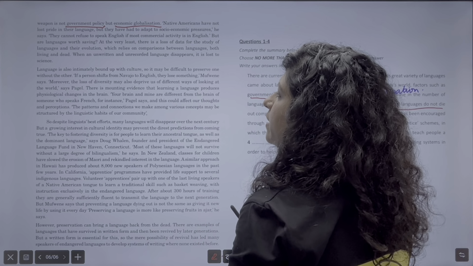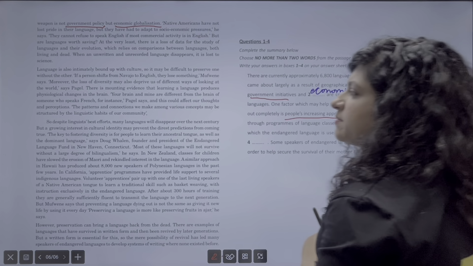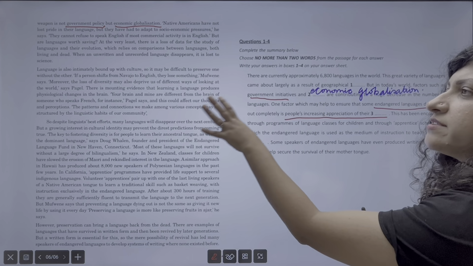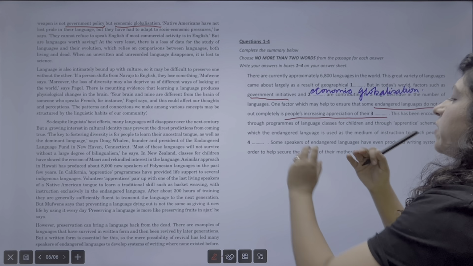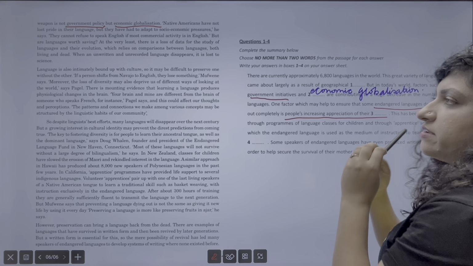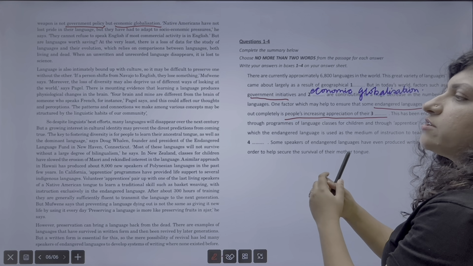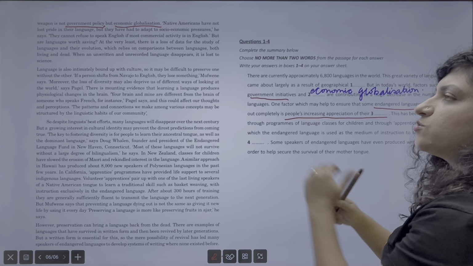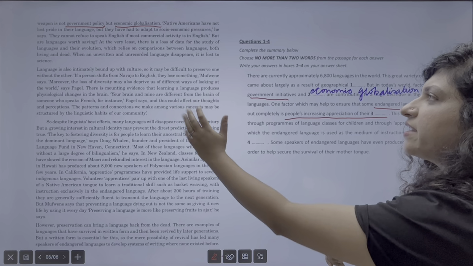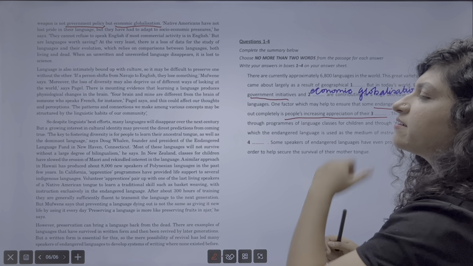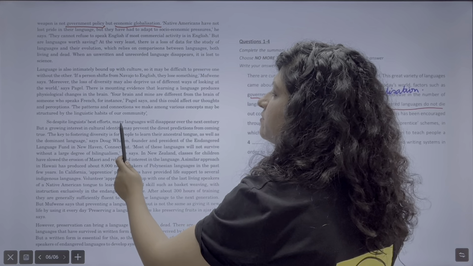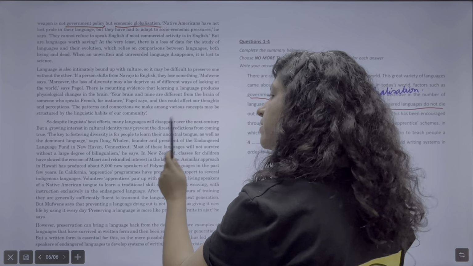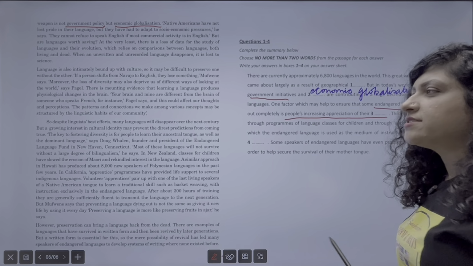Your brain and mine are different from the brain of someone who speaks French. I do not think there is anything there related to a factor that can ensure that the languages do not die. So I keep on scanning, then I come to the next paragraph. Now this paragraph says, despite linguists' best efforts, many languages will disappear. So here, yes, now we are talking about extinction.